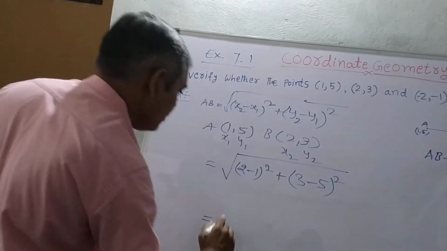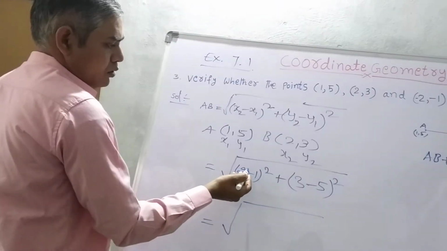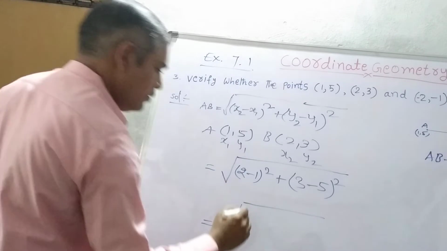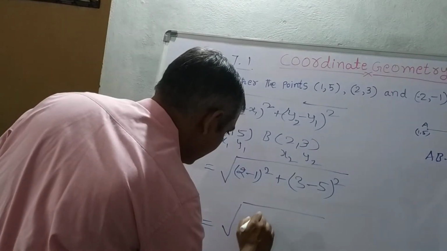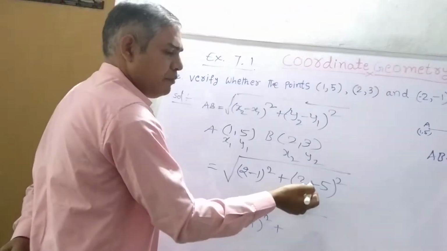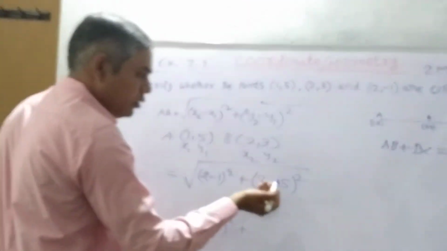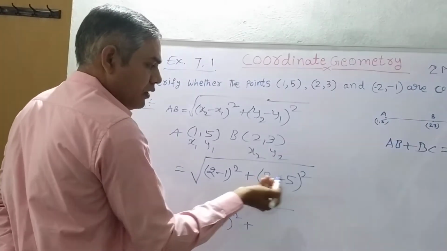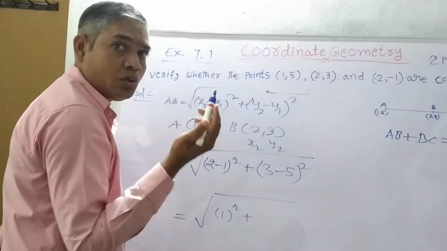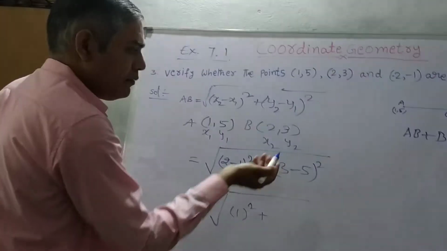That is equal to under root 2 minus 1, 1 whole square, plus 3 minus 5. 5 is the bigger number and 3 is the smaller number, so we remove 3 from 5, which is 2. The minus symbol is for the bigger number, so we take the minus symbol.